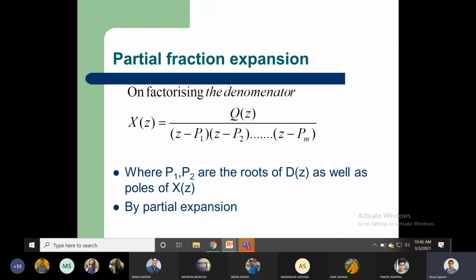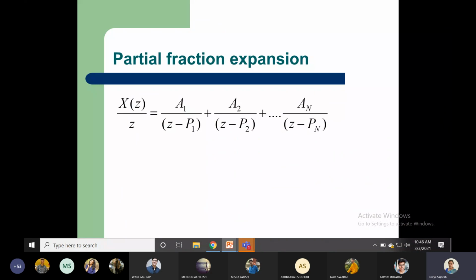Now by the partial fraction expansion method, on the right hand side I can write it as a1 by z minus p1 plus a2 by z minus p2 plus up to an by z minus pn.